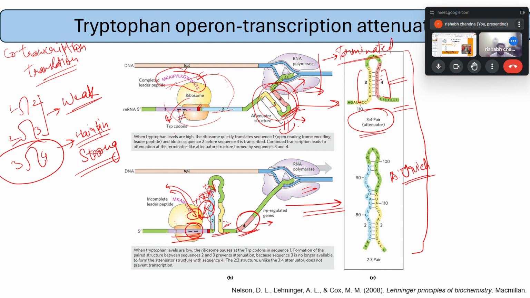Okay, so in short, what happens in the attenuation? Tryptophan levels high leads to production of the leader peptide. This leads to the formation of the loops between 3 and 4. So this leads to termination.